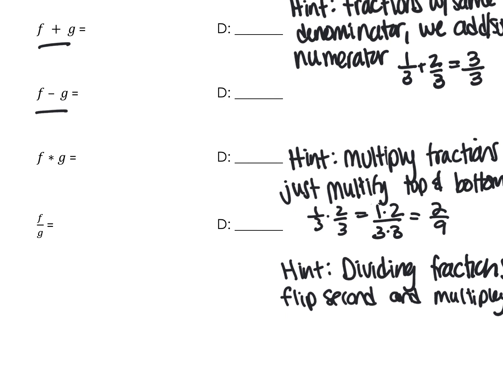So for example, if I have 1/3 divided by 2/3, I would flip the second fraction. So keep 1/3 the same, flip the second fraction, and then multiply.